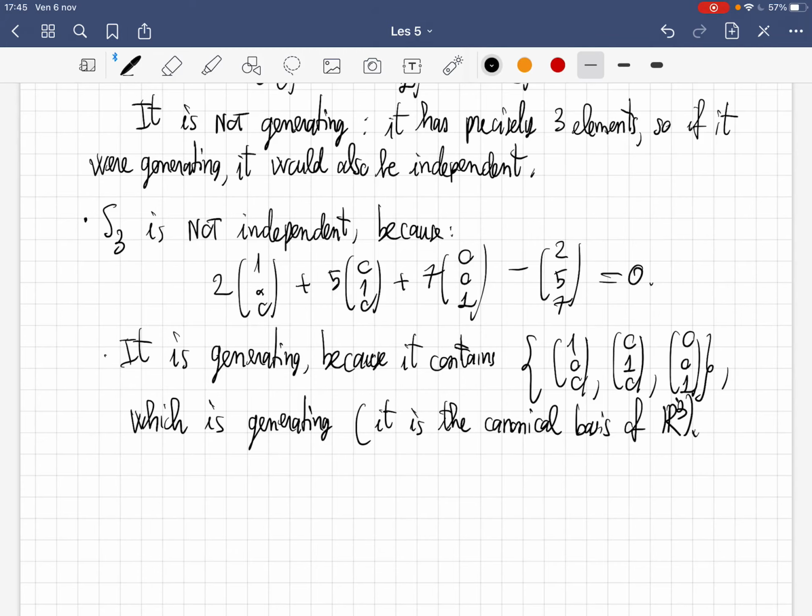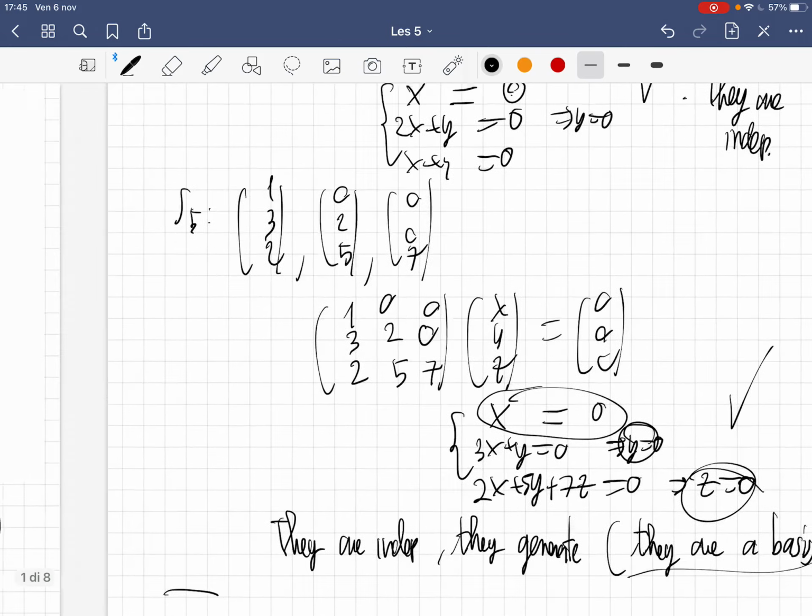Okay, very good. So as we said, if a set of vectors contains a smaller subset which is already generating, then of course it's generating.